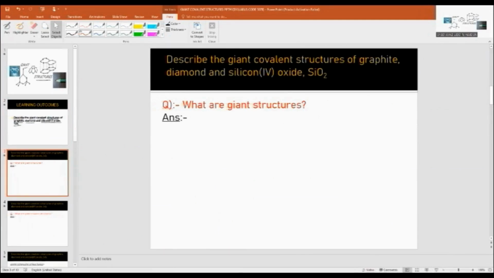First of all, recall the concept of giant structures.